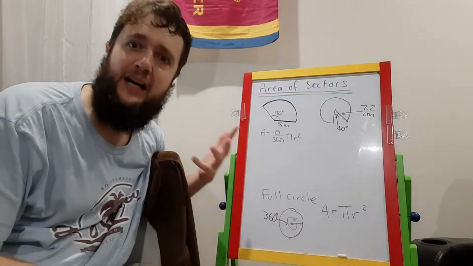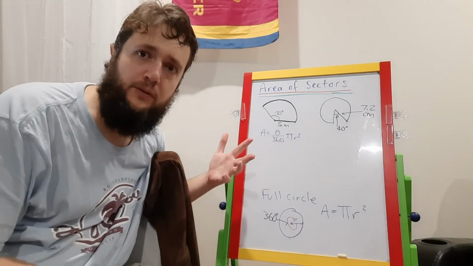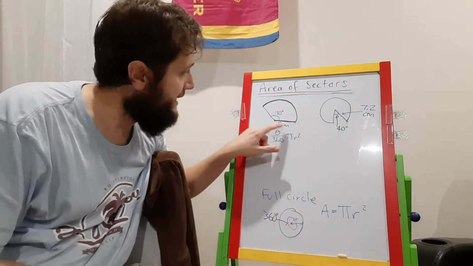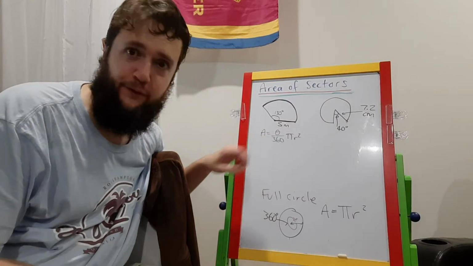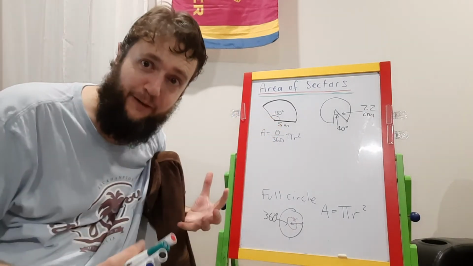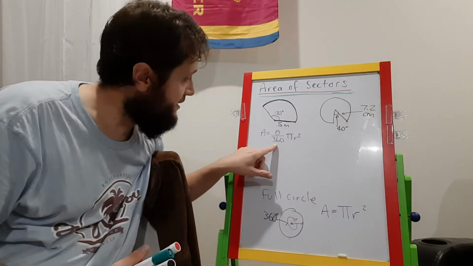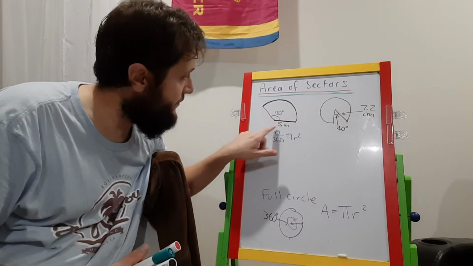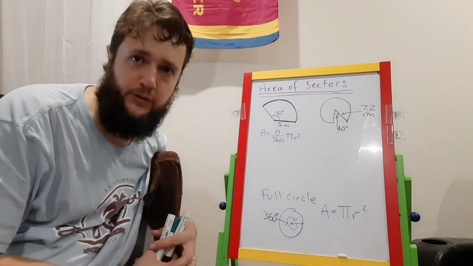For example, if I had half a circle, there's 180 degrees in a half circle. That would make it half out the front because 180 over 360 is a half. So this just makes sure that the area is a proportion of the full circle.